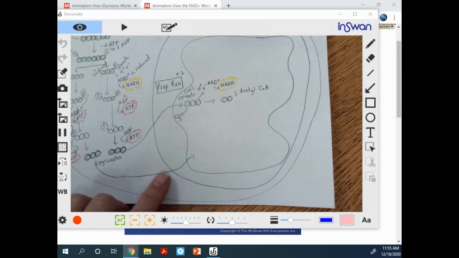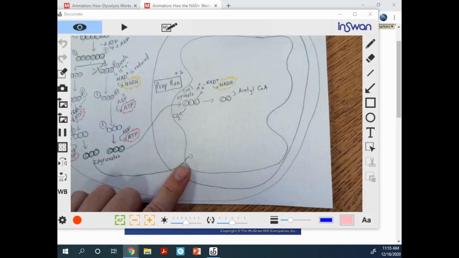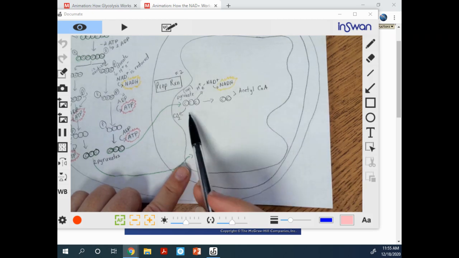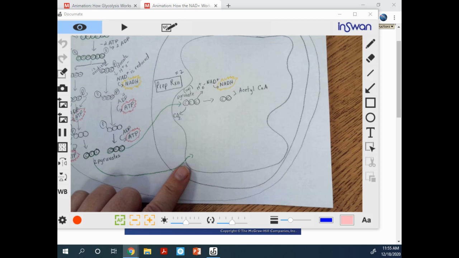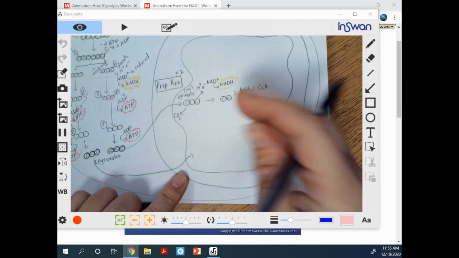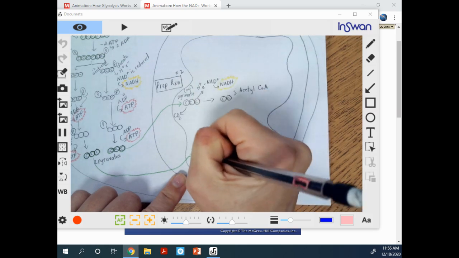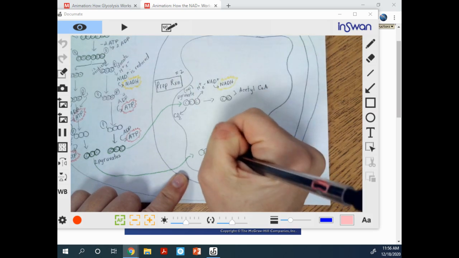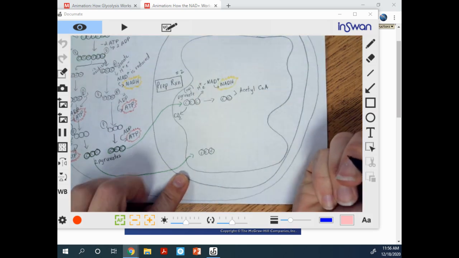Now, that happens to this one again. Lots of times in textbooks, they only show what's happening to one of them, and it gets confusing to students. I like to go ahead and draw, hey, don't forget, there's another one that does that, and keep some space here. So again, this other pyruvate comes in because there's 2 of them.